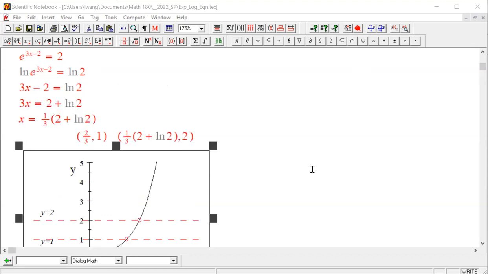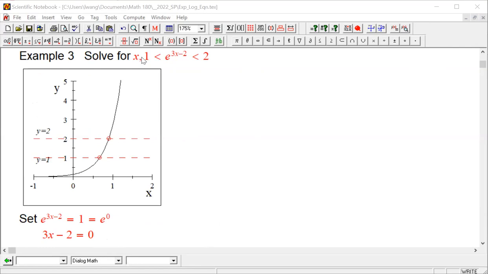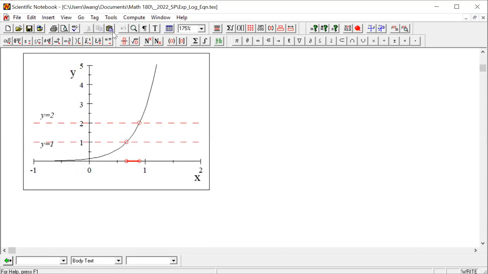Now, algebraically, how do we do it? This is how you do it.